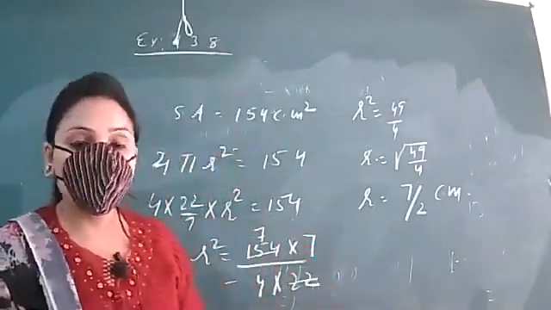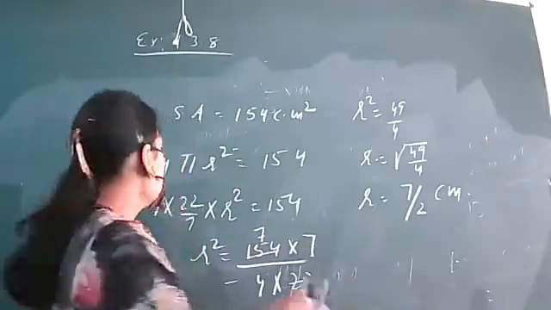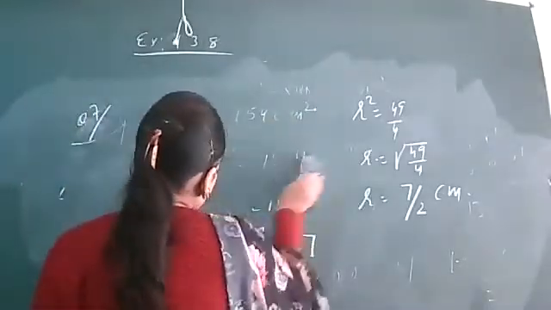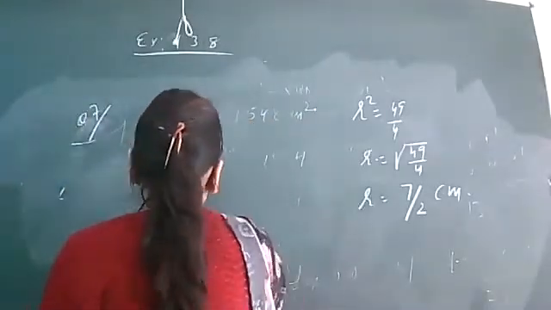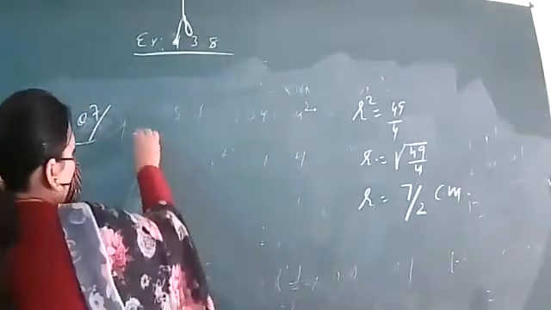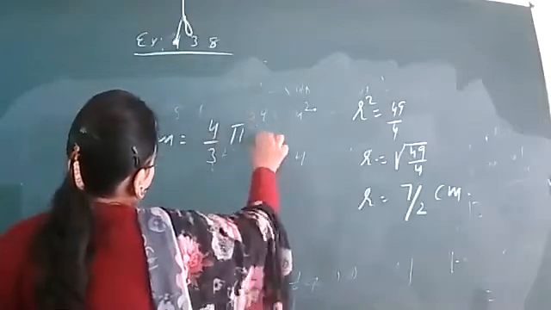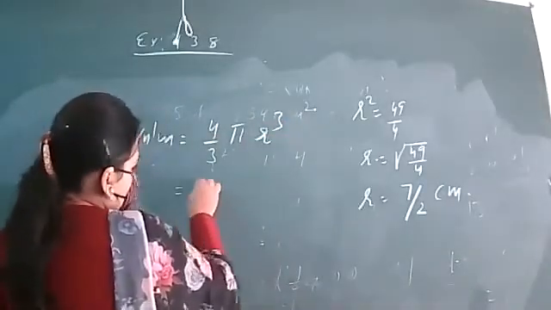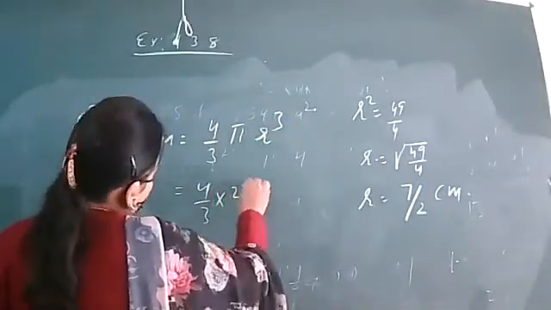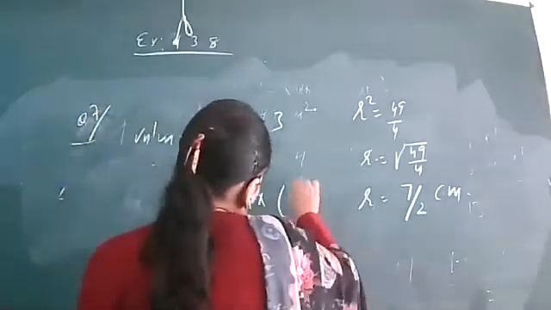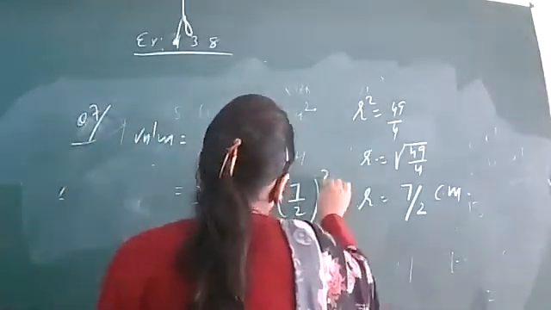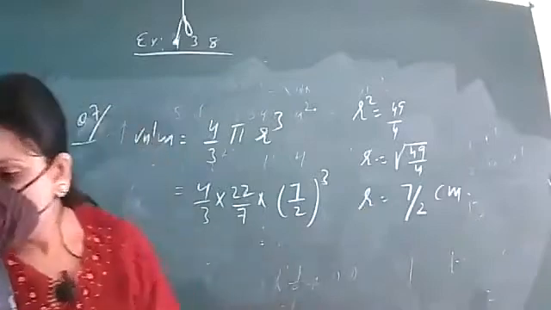So we want to find the volume of the sphere. So let us find the volume. So volume is equal to 4 by 3 into pi r cube. This is 4 by 3, 22 by 7 into r cube. 7 by 2 cube, right?